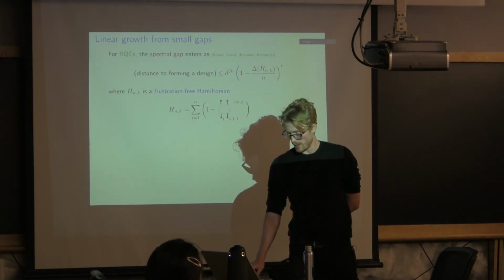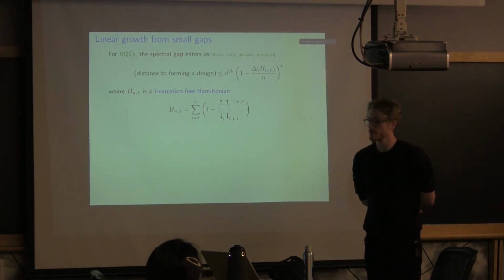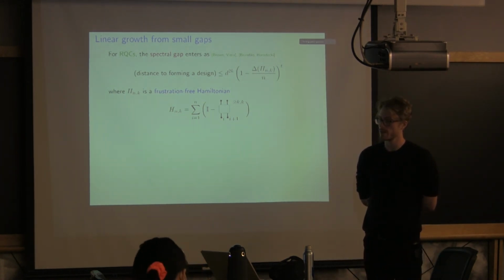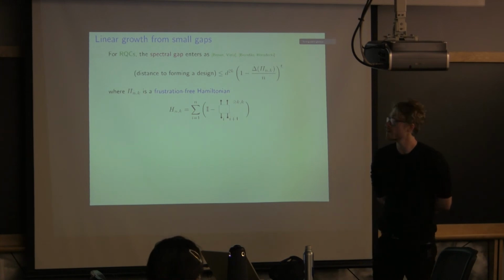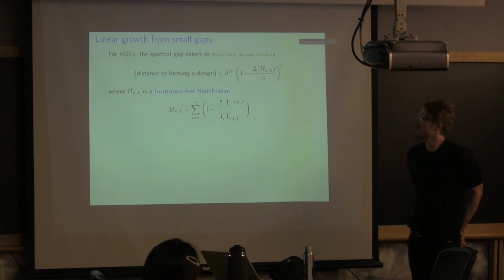Just to mention one way to get linear growth for qubits: for random quantum circuits, the spectral gap basically enters like this.